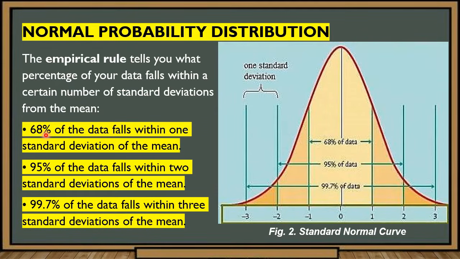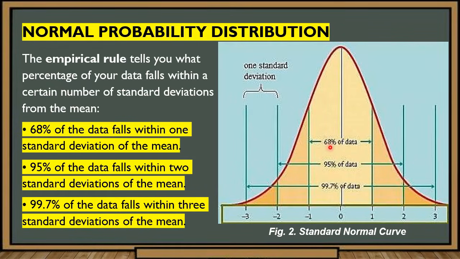So going back to the 68%, 68% of the data falls within 1 standard deviation of the mean. The mean is our baseline, or the main starting point. From 0 to 1 is 1 standard deviation, either to the right or to the left. So from 0 to 1 or 0 to negative 1, this comprises 68% of the data.